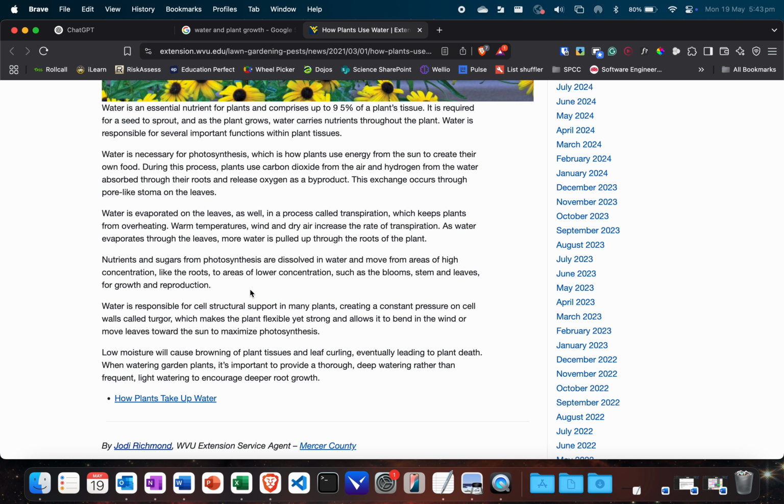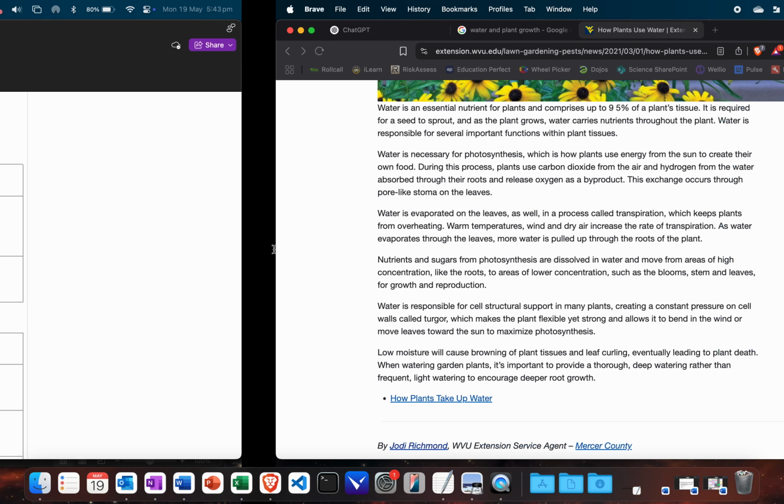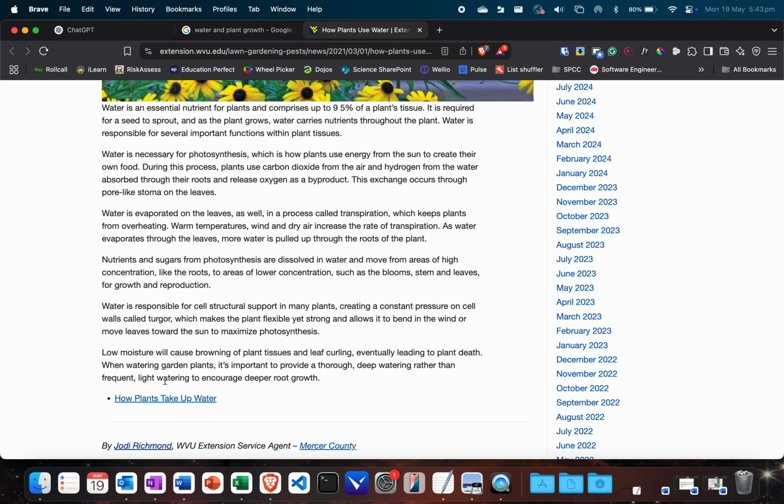Okay, and skimming through this, something that pops out to me is this bottom paragraph. Okay, low moisture will cause browning of plant tissue and leaf curling, eventually leading to plant death. Okay, that's probably an important point. So, low moisture, well, that just means not enough water.